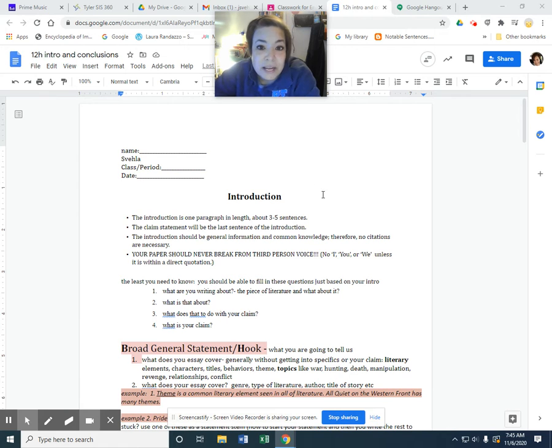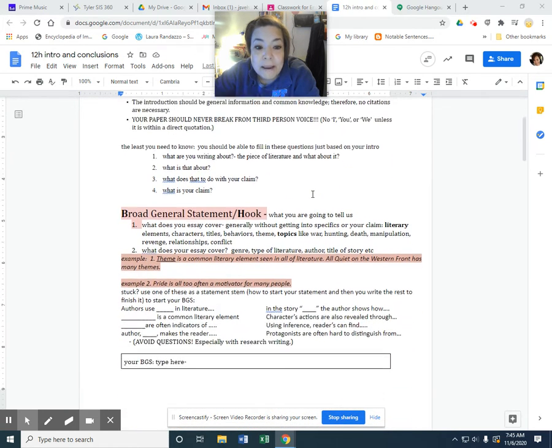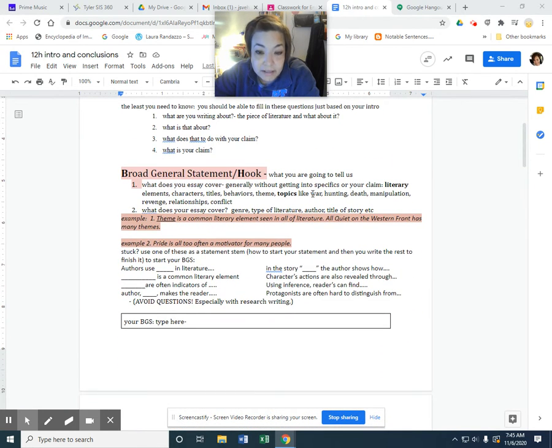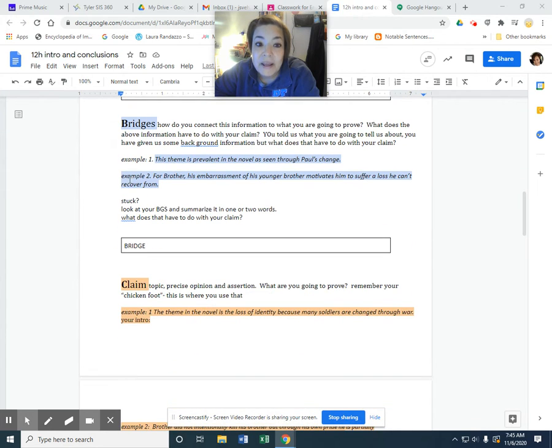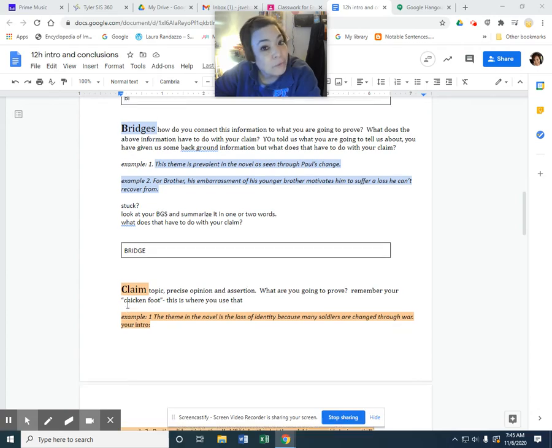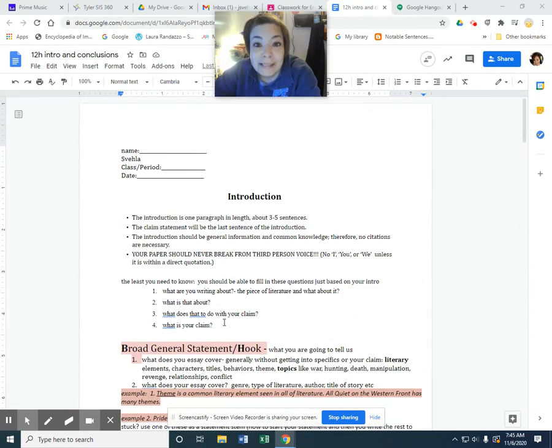Okay, so to understand this, there are 4 major things you need in the beginning of an intro. So the first is a broad general statement, or a BGS. Okay, the next is background information, and the next is a bridge, and the last is a claim. Okay, you've already written your claim. Essentially, when I break it down to the very, very minimum, this is how it works.